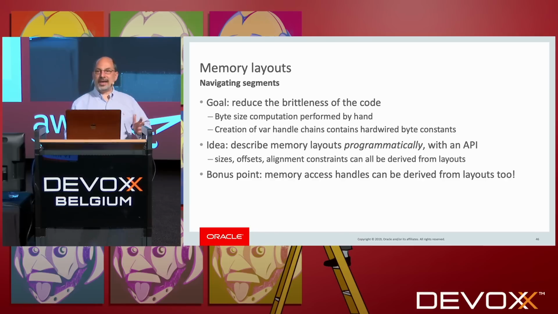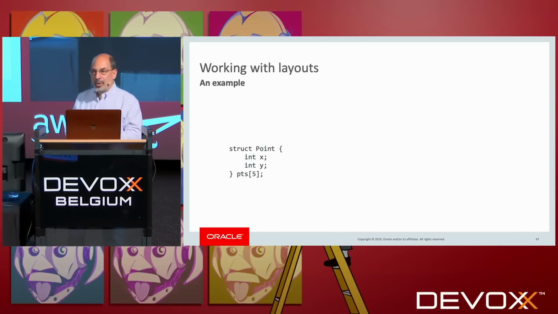And big surprise, how are we going to do this? Well, we're going to do this via a symbolic description of the layout of our struct. And so we need something that captures element sizes, types, alignment constraints, repetition, etc. And then we should be able to derive all of these offsets and strides directly from them.